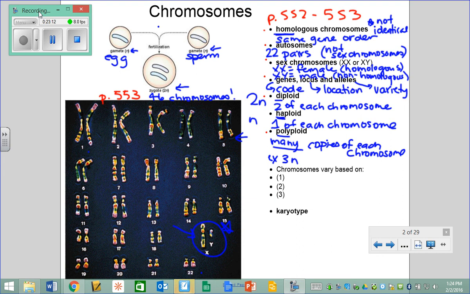There's an example of a type of fish, I think it was rainbow trout, where they are 3N, triploid. The reason that it occurred is that a diploid egg was fertilized. Normally eggs aren't diploid, normally they're haploid, but in this case it was a diploid egg. It was fertilized by a sperm, which was haploid. You put 2 plus 1 together, you get 3.